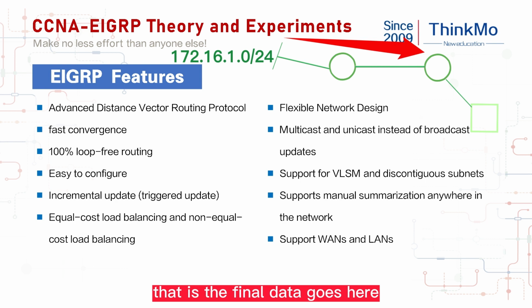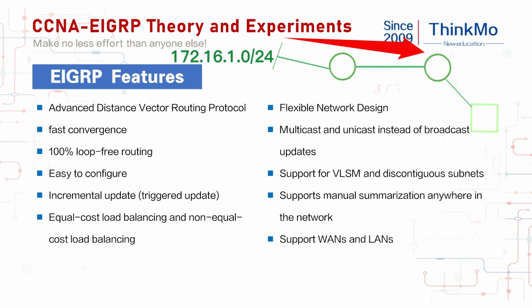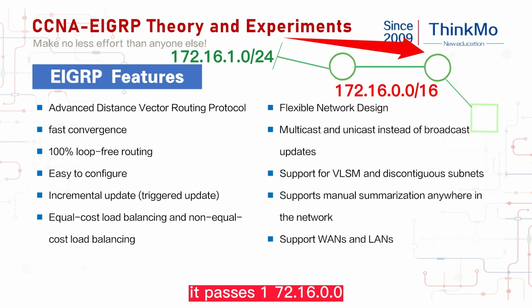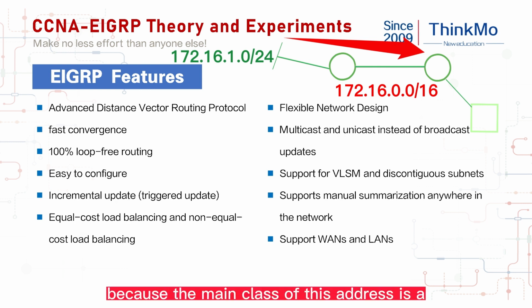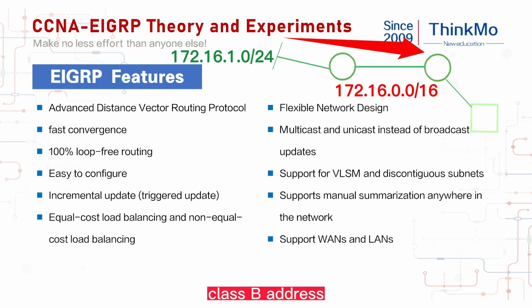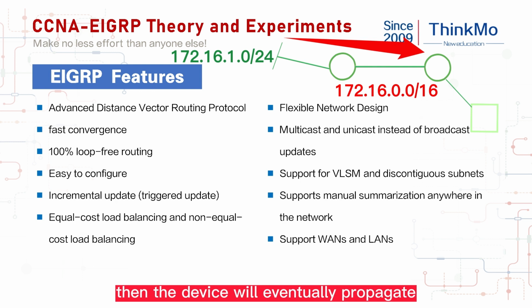That is, the final data goes here. For this device, it passes 172.16.0.0, 16-bit mask. Because the main class of this address is a Class B address, the device will eventually propagate and learn according to the Class B address.